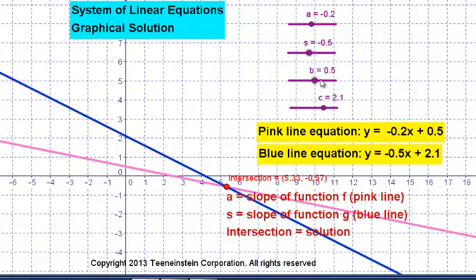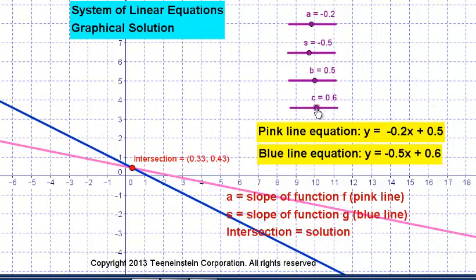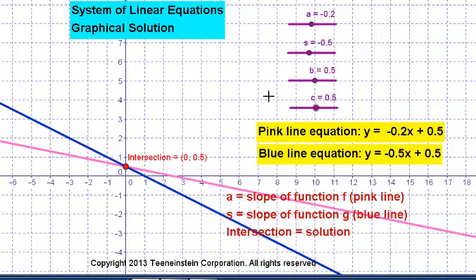But we don't care about the y-intercepts. Even if the y-intercepts are equal, we still have a solution, because the slopes are not equal. When the y-intercepts are equal, they have to meet on the y-axis because they both have the same y-intercept. So both lines meet at the y-axis at the same point.